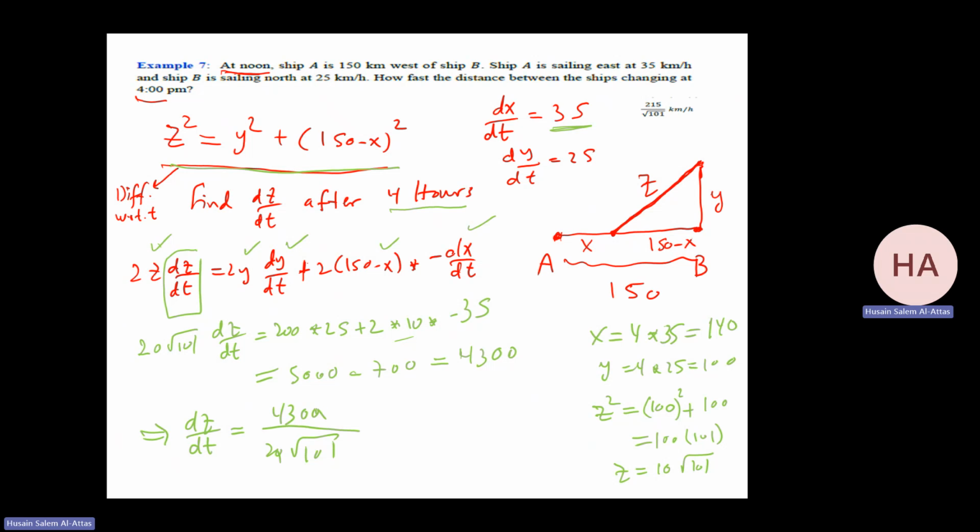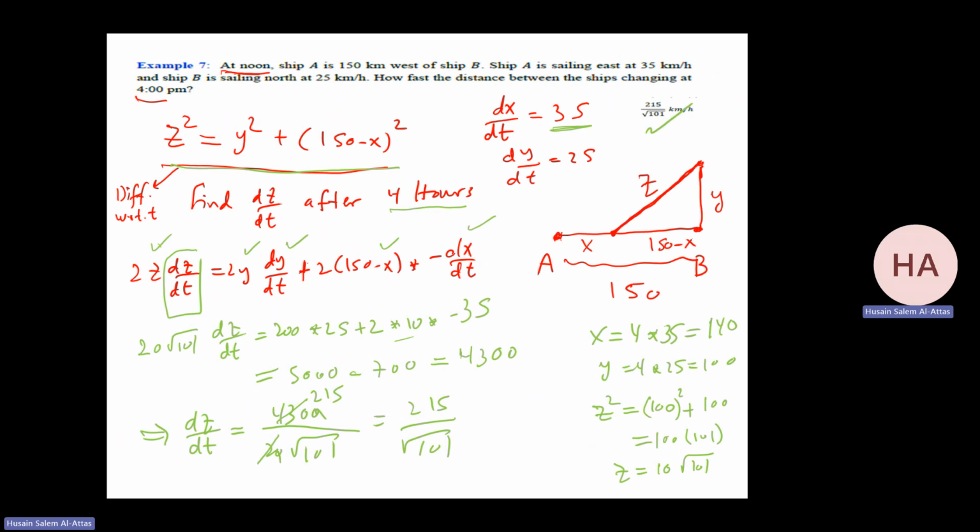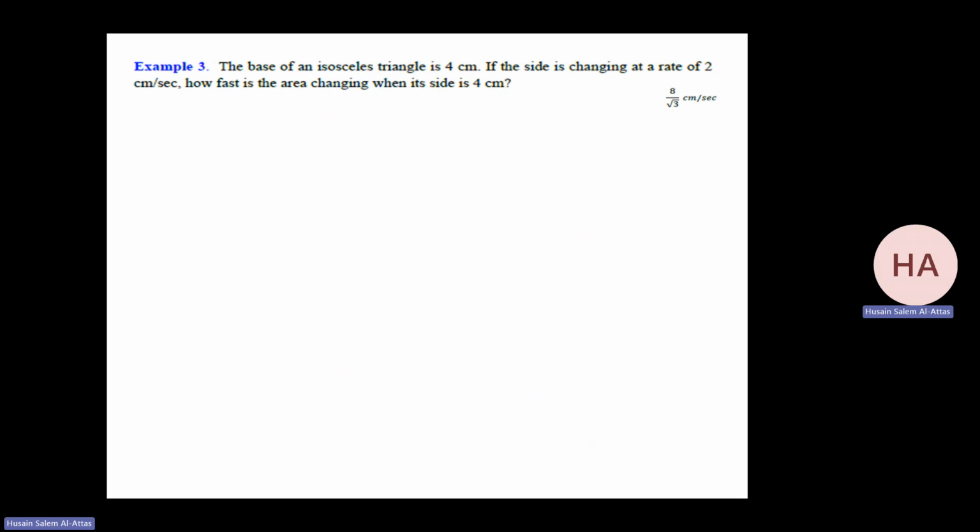This 0 goes with 0, 430 over 2 is 215. So 215 over square root of 101. Okay, next one.